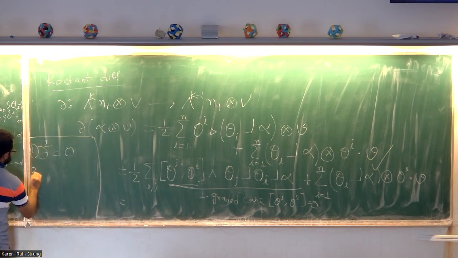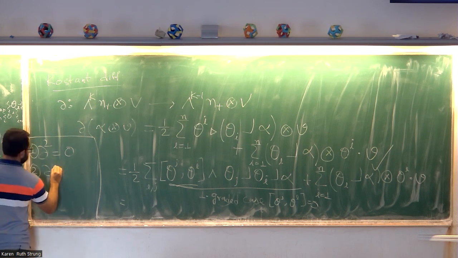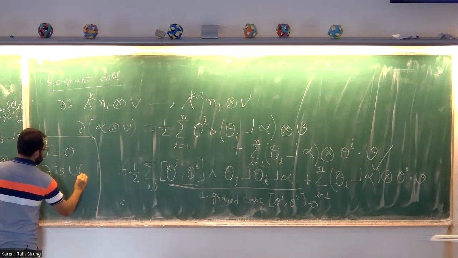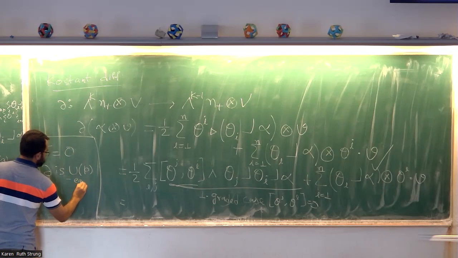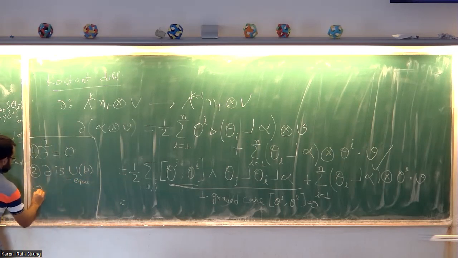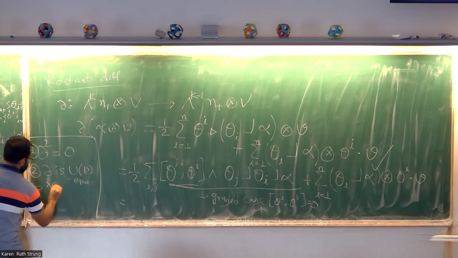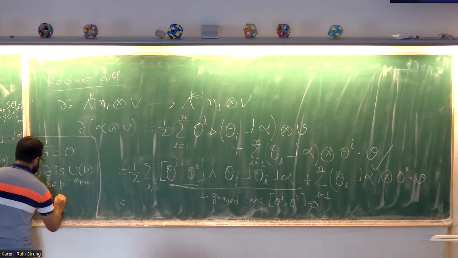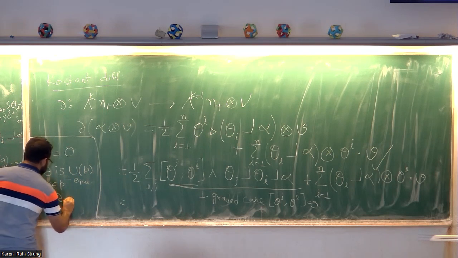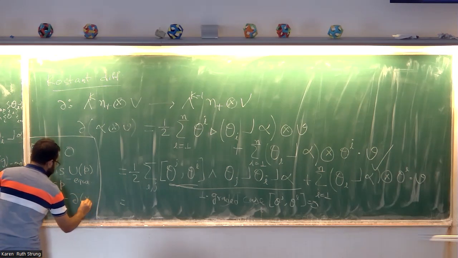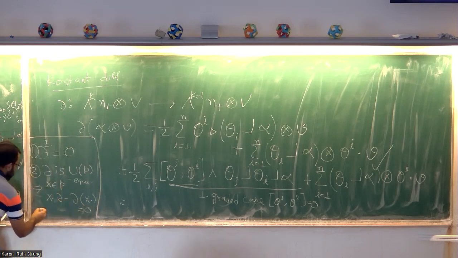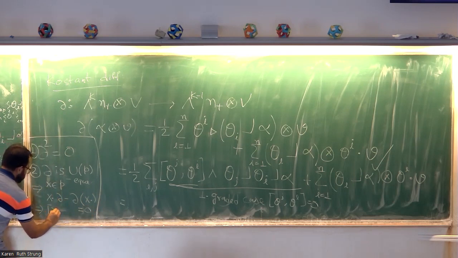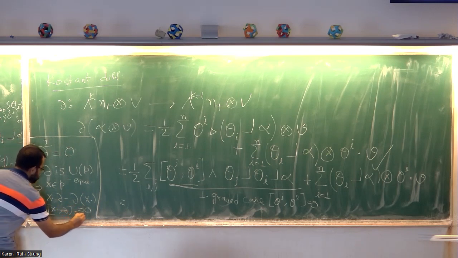Number 2, the differential is U(p)-equivariant. Meaning, for X from p, the action of X with partial, minus partial with the action of X, goes to 0, or in terms of the Lie bracket, this gives 0.